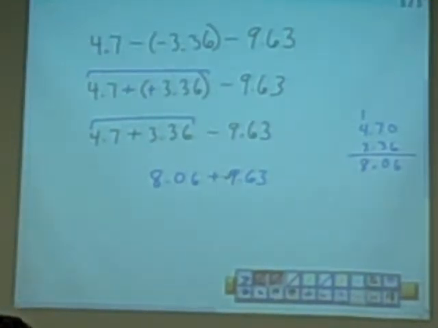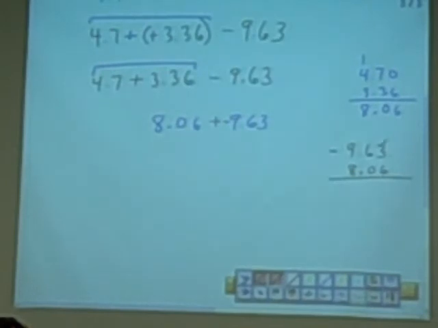Now, with subtraction like this, you're still going from left to right, but here we're going to put the negative 9.63 first, and then the positive 8.06 next. So when you're subtracting, you want to put the one that's more negative or more positive first.